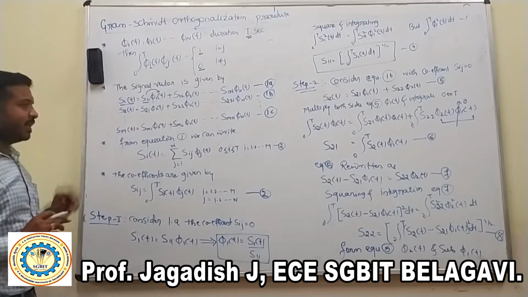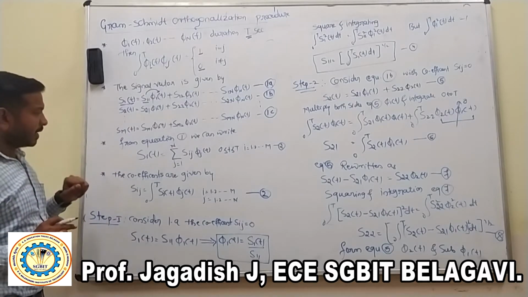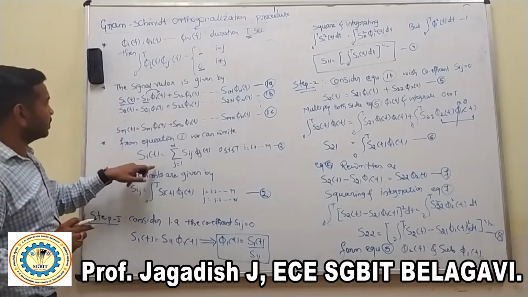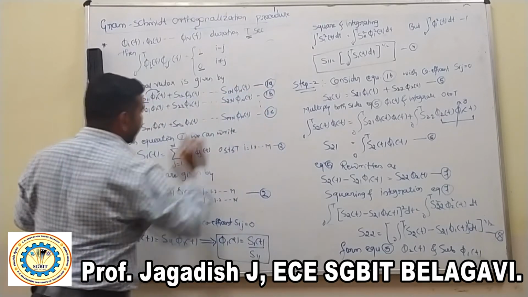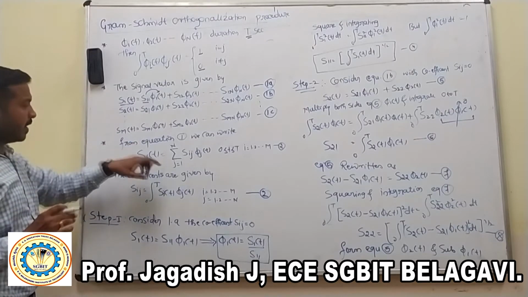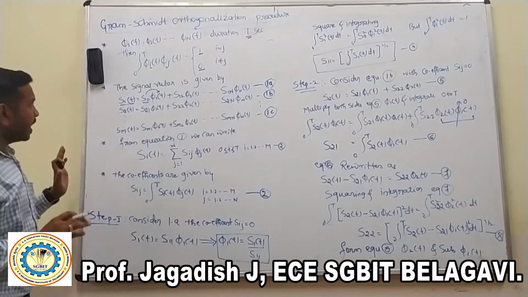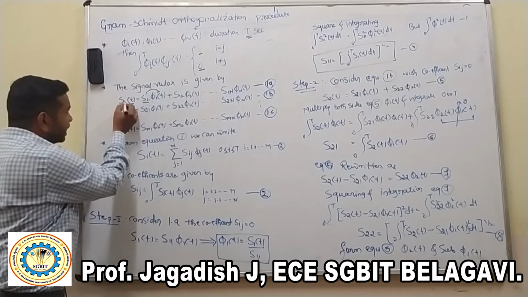Okay. Once you define the signal vector, by using equation 1, that is Si of t, or if you consider equation 1a, by considering this equation we have to rewrite it in summation form. How do we write it? If you consider 1a, here is S1 of t.